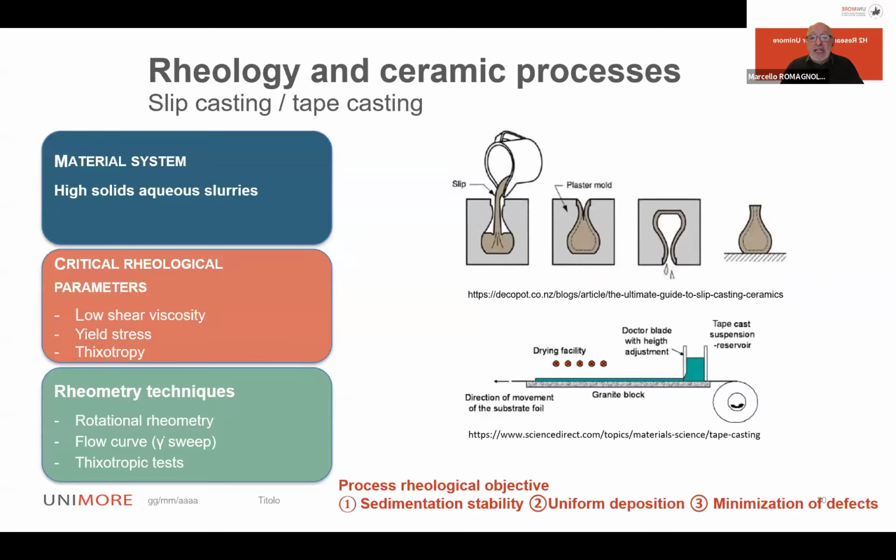So we can see here some applications, for example, in slip and tape casting. The important parameter that we must consider is the viscosity.